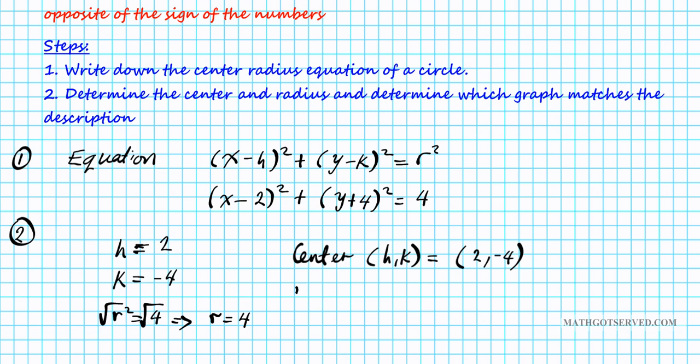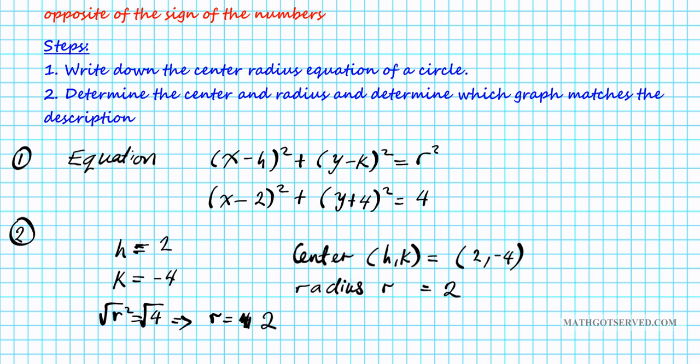And the radius, r, is 4. Radius is not 4. Radius is 2. If you take the square root of 4, you get 2. Sorry about that. Okay, so the radius is 2. Radius is the square root of 4, which is 2.